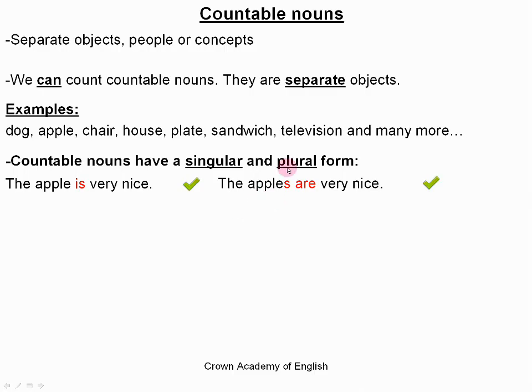And in the plural, countable nouns can also have a plural. Here we are talking about several apples. So we add an S to make the plural, and the verb to be is in the third person plural.